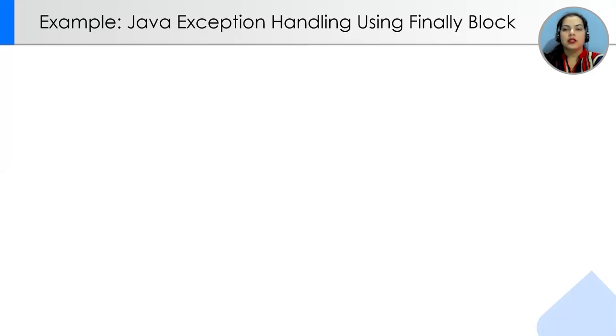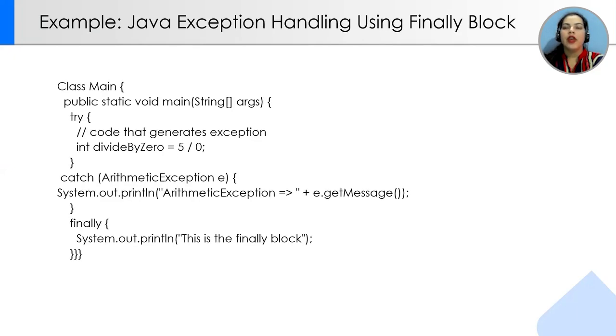So let's understand with the help of an example. Here we have mentioned the main class. In the main class, we have mentioned the main method, that is public static void main. In this main method, we have used the try with the exception generating code, that is int divided by 0 equals to 5 divided by 0. And then we have the catch block. Then after the catch block, we are having the finally statement.